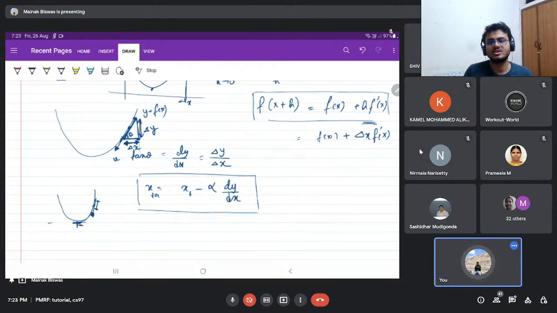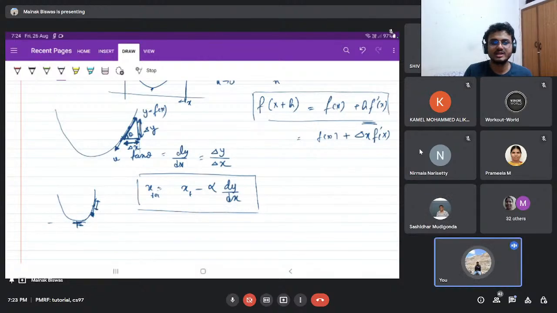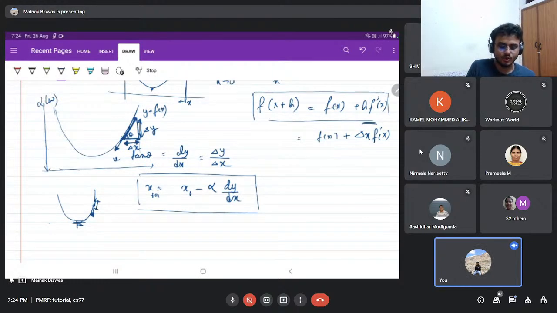Yeah, somebody has a question. Will you apply this derivative on the sigmoid derivative also? Yeah, so we'll be doing the derivative on the loss function. The loss is a function of some parameters, say w. The derivative is the direction of the tangent.